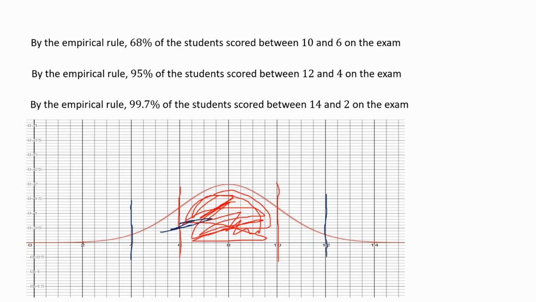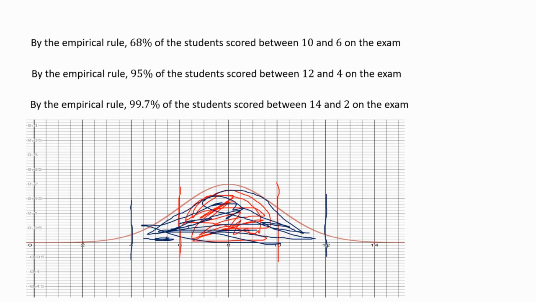So let me shade that in as best I can. Okay, this is good. So between these two, you have about 95% of the data.